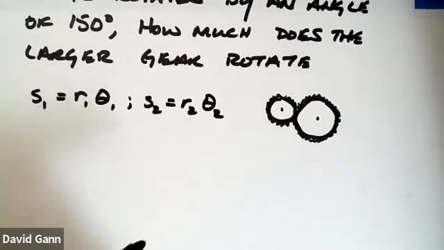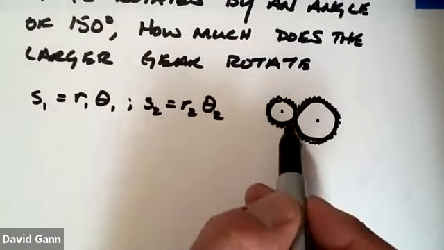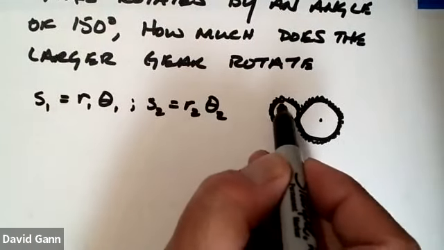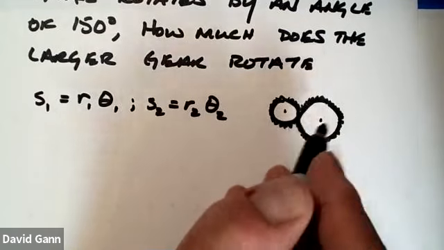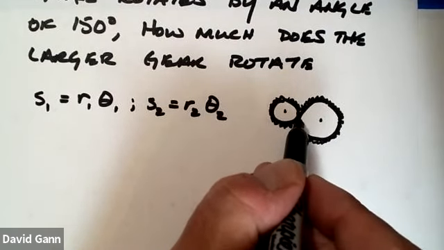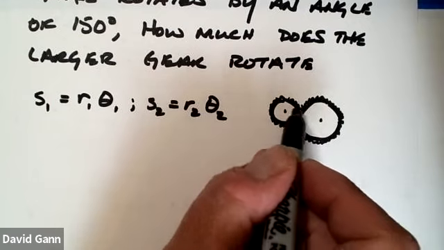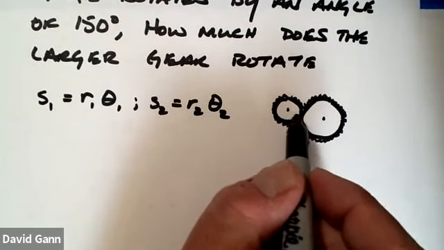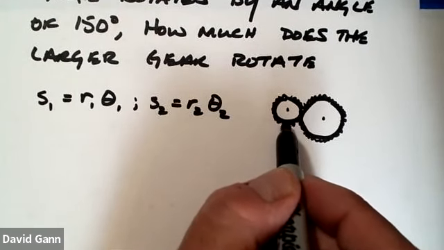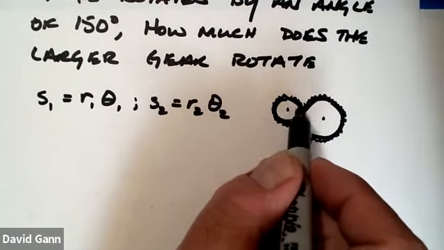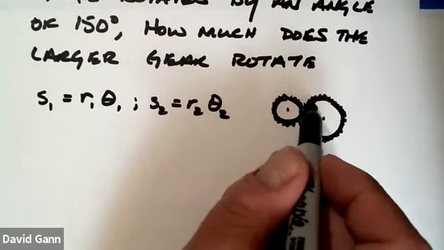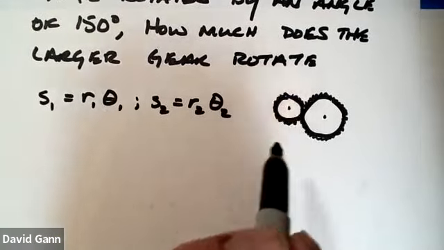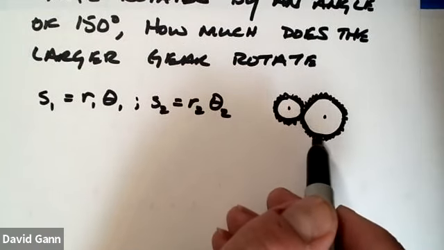Now, the key to these kinds of problems is recognizing that as this wheel turns around, a certain number of teeth pass through the connection point. Well, the number of teeth that pass through on the other side has to be identical. So if say 16 teeth chunk through here, you'd have the same number of teeth that chunk through here, provided they're the same size. So this is really a statement that the arc length will be the same.